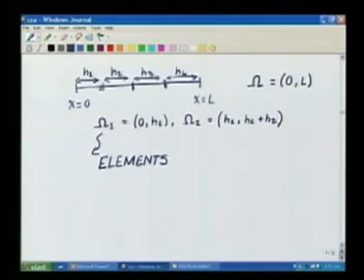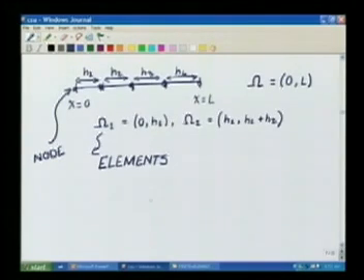The nodes that we have placed, or the points which basically form the boundaries of each of these domains, are called the nodes. So this point will be a node. So in this case, if you see, there are 4 elements and we have 5 nodes, 1, 2, 3, 4, 5.